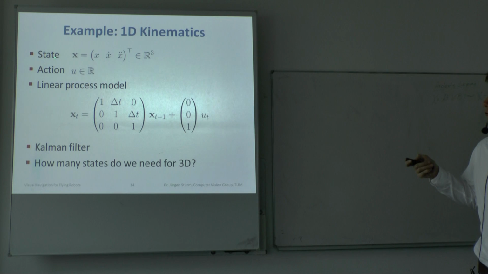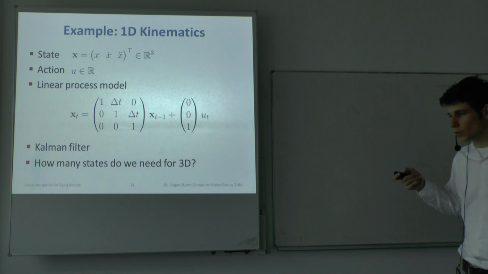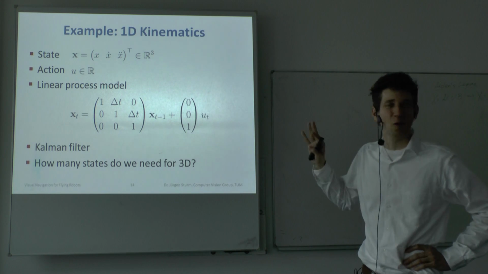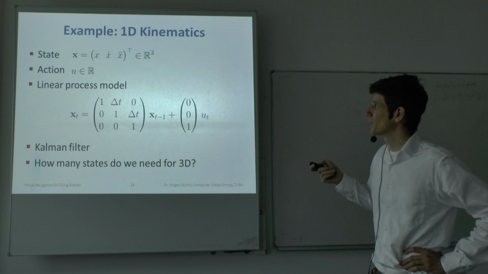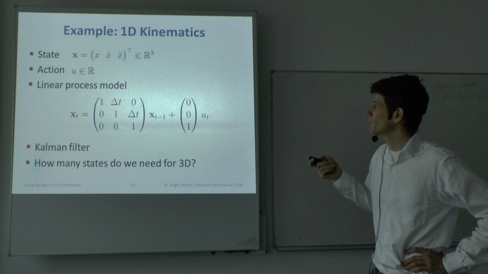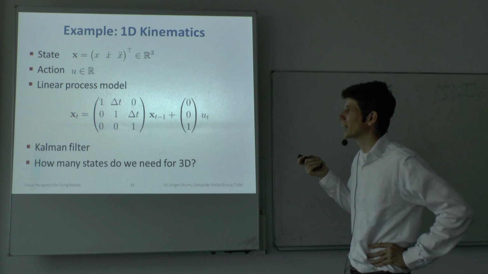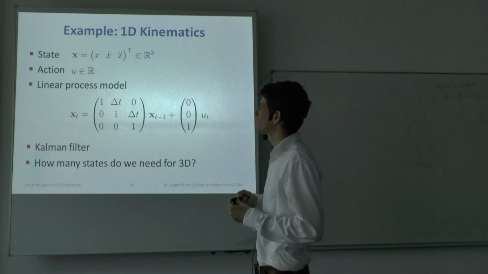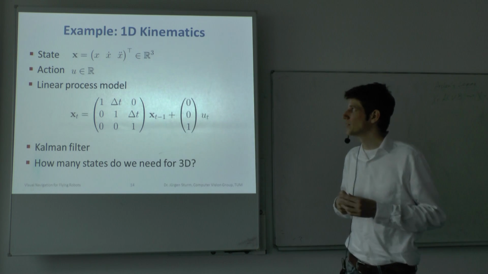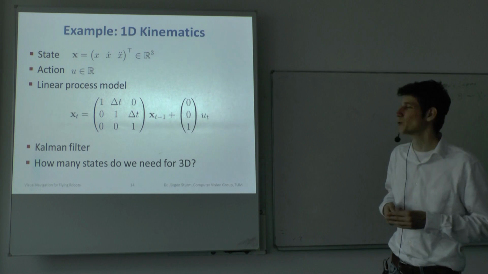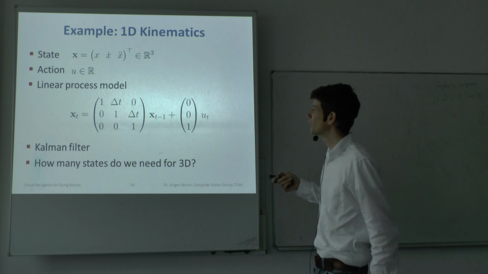Good. As I said, we are looking at position, speed, and acceleration. And for the moment, we just do that in 1D to make it simpler. And assume that we have an action that specifies an acceleration of the object. Then we can build up or specify a linear process model. I hope you remember this from last week.